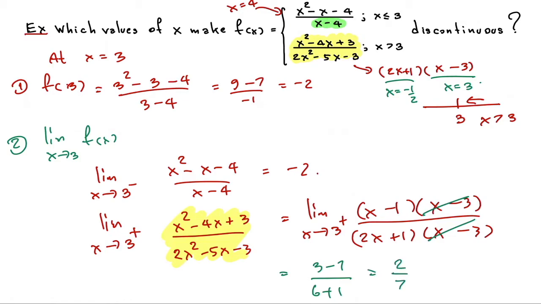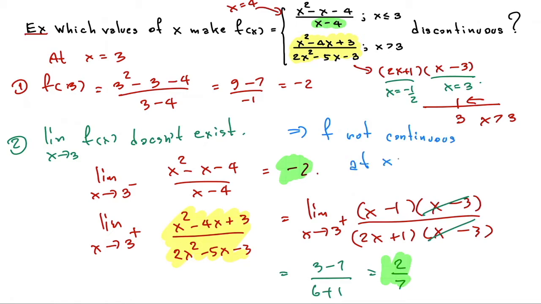And as you can see, the left limit is not the same as the right limit, which means that the limit doesn't exist, which means that f is not continuous at x equals 3. That's it.